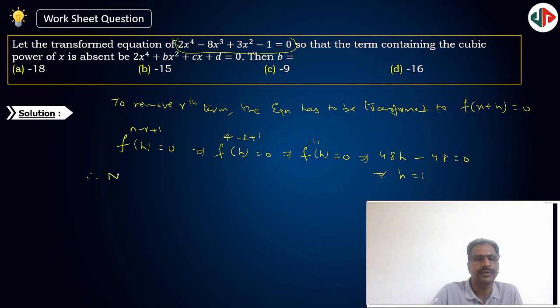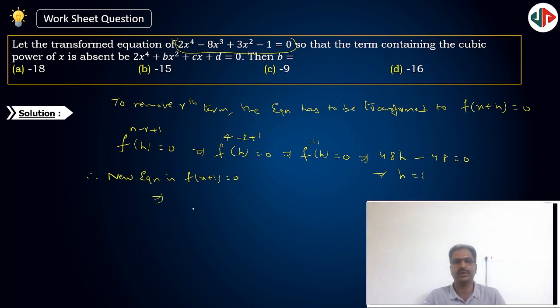Therefore, the new equation is f of x plus 1 is equal to 0. If you find f of x plus 1 by using Horner's method, the new equation will be 2x power 4 minus 9x square minus 10x minus 4 is equal to 0. This will be the new equation in which the x cube term is absent.